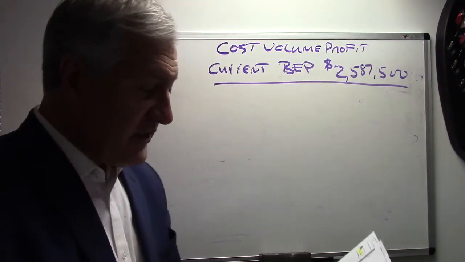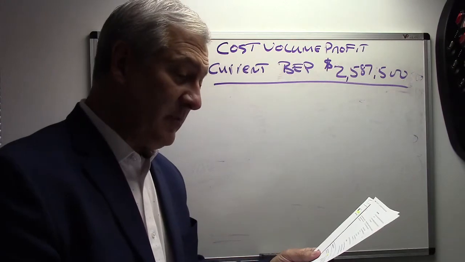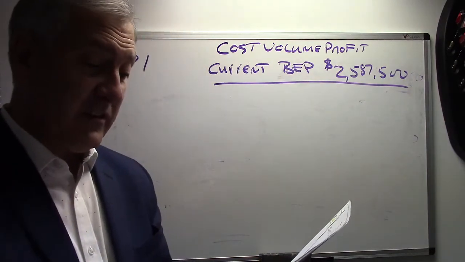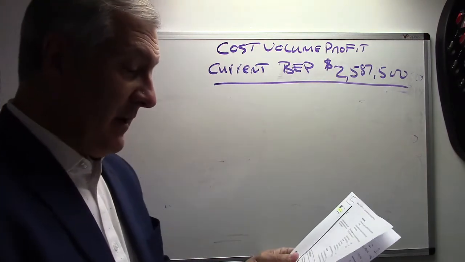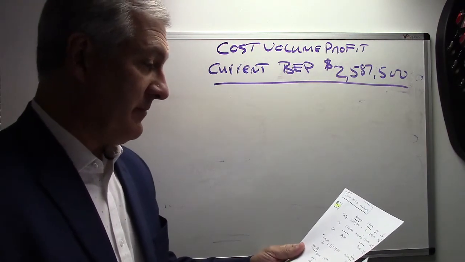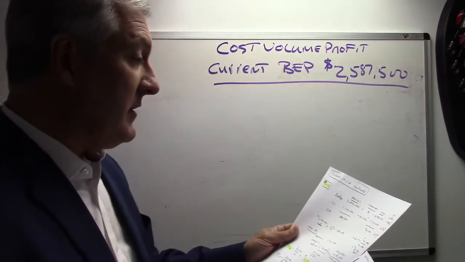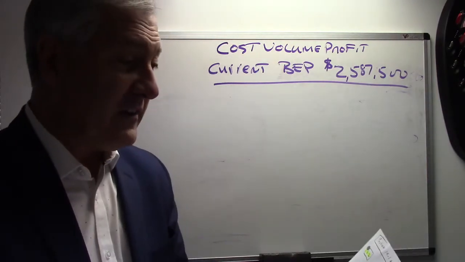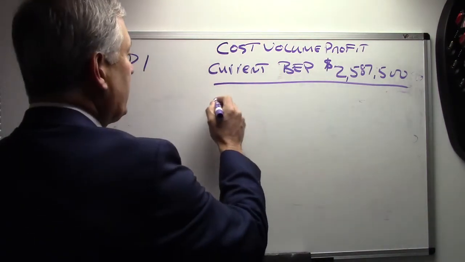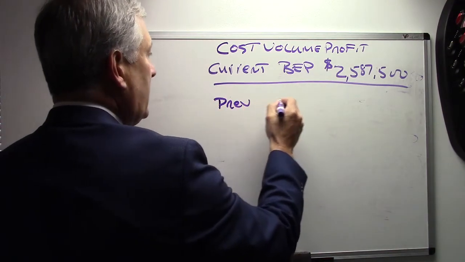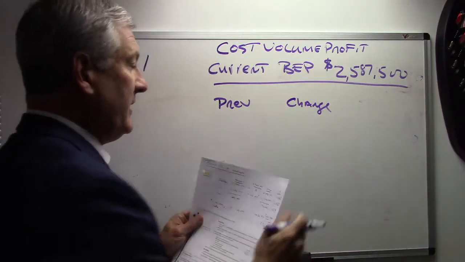Alternative 2 says change the compensation of salespersons from fixed annual salaries totaling $200,000 to salaries of $40,000 plus a 5% commission. Again, it takes a little bit of work to figure these things out. Here's our change, and here's our new number.